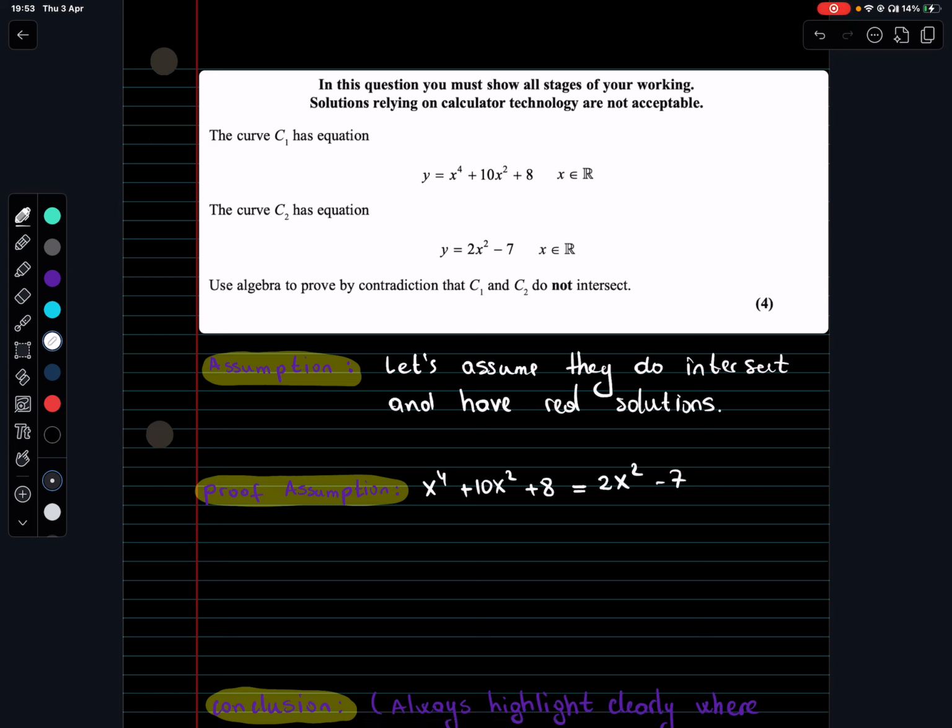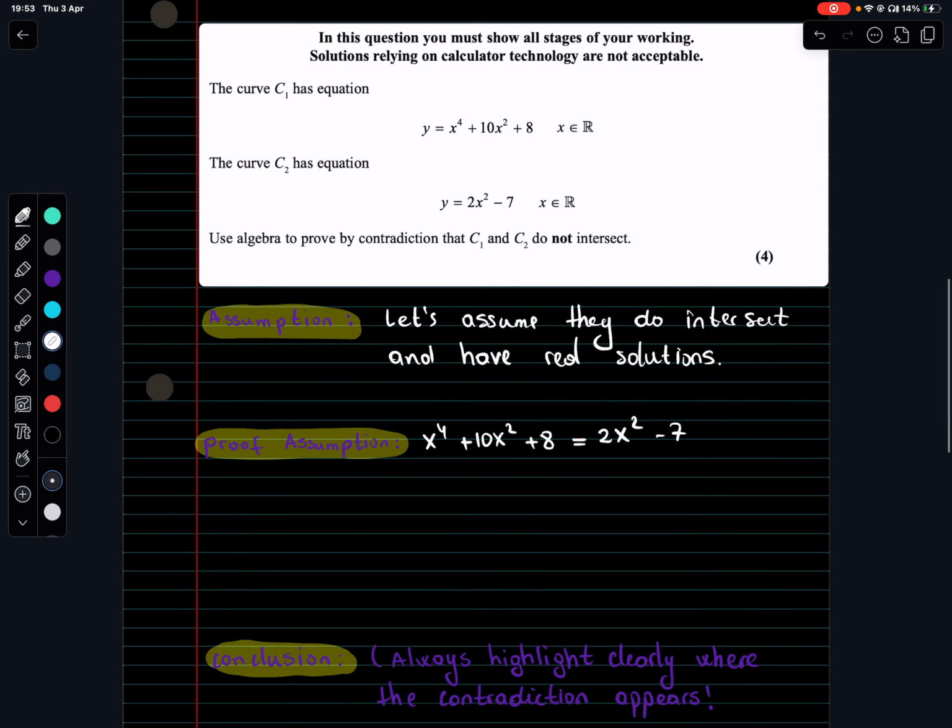They have a common x point where I put it in the first equation. That's going to give us the same output when I put it in the second equation. So this y is equal. You can imagine it as a simultaneous equation and equalize the y. We need to solve this, and we need to get at the end a real solution, because we said let's assume they do intersect. And if they do intersect, we are forced to say there is a real solution.